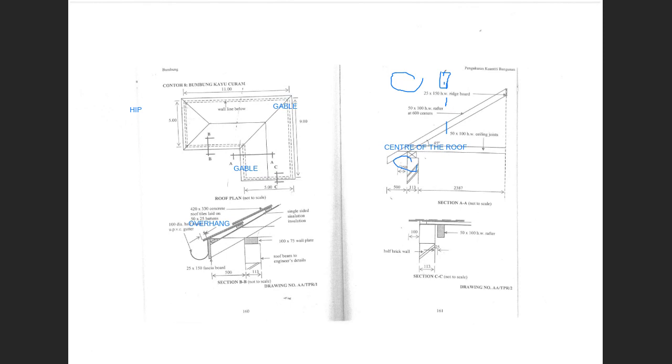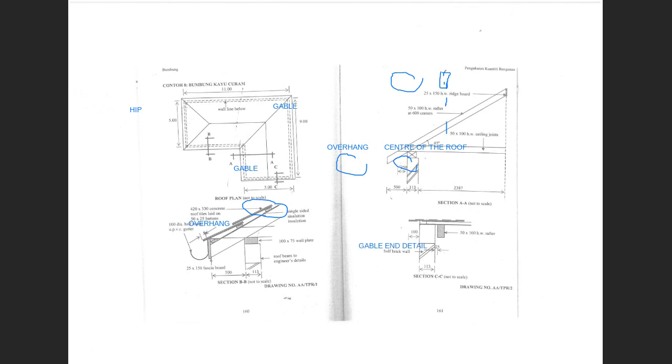Again, you can see here, this is considered as overhang. And then the information about the wall plate is given. The other one is the detail of your gable. At the gable end detail, if you look at the section view, this is the beam.